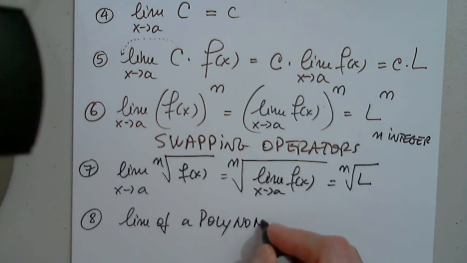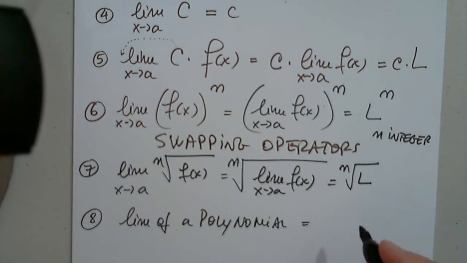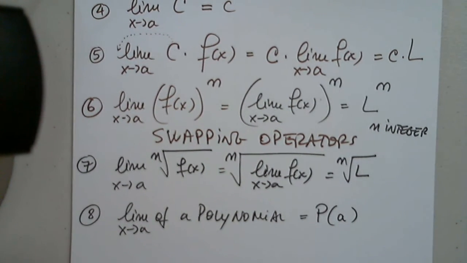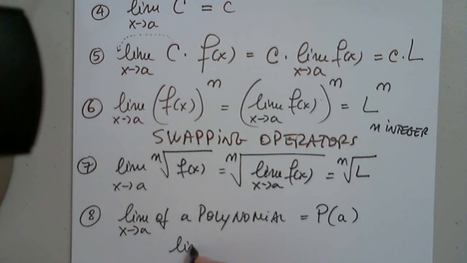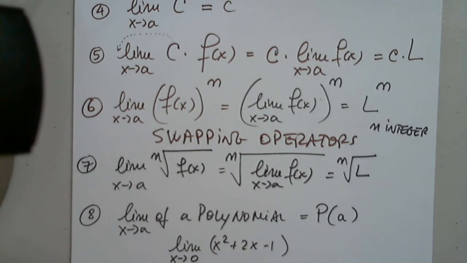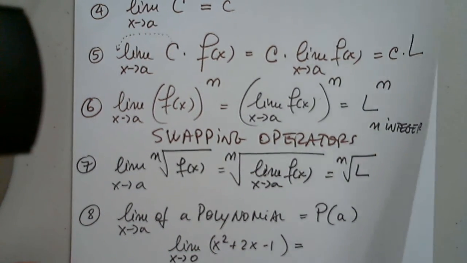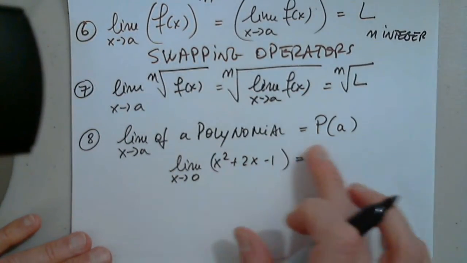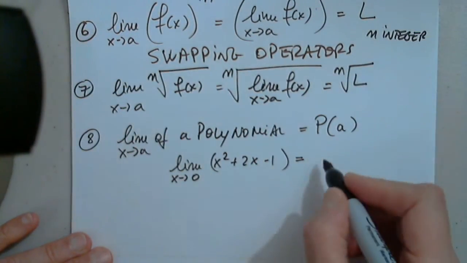Polynomial equals, as x approaches a, the polynomial function at a. So if I want to find the limit of x squared plus 2x minus 1 as x approaches 0, all I have to do is plug it in. That's what this theorem says. 0, 0, negative 1.